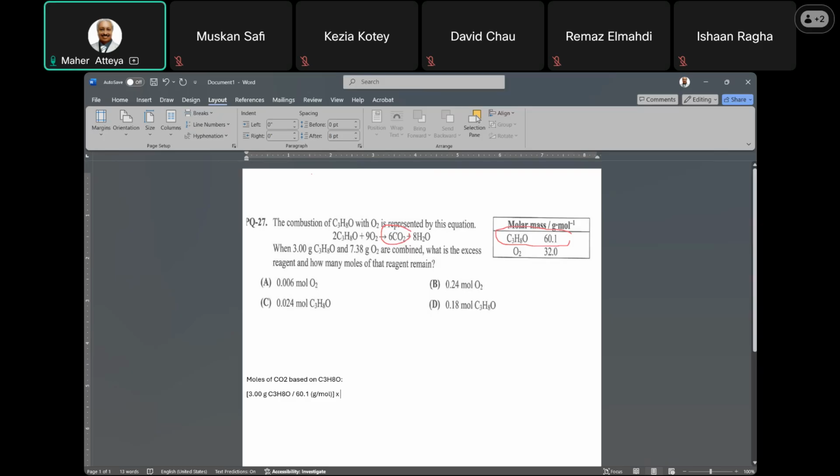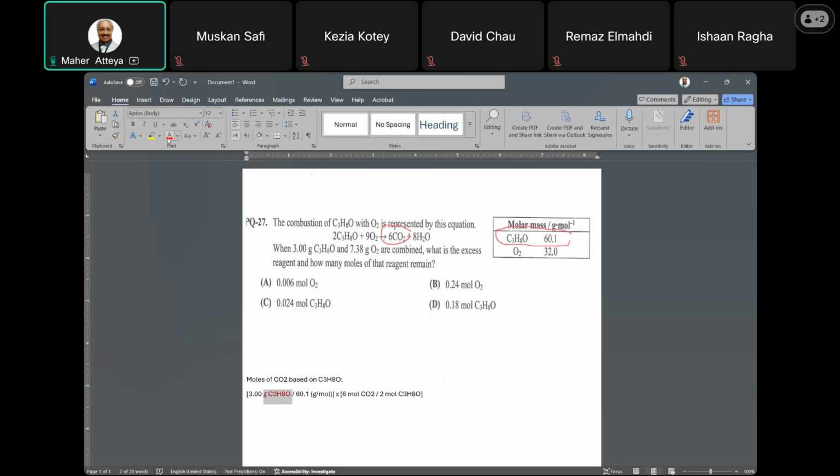I have 6 moles of CO2 gas from the equation to 2 moles of your C3H8O, correct? So the moles of C3H8O will cancel out, and the grams will cancel out with the grams of this one here.